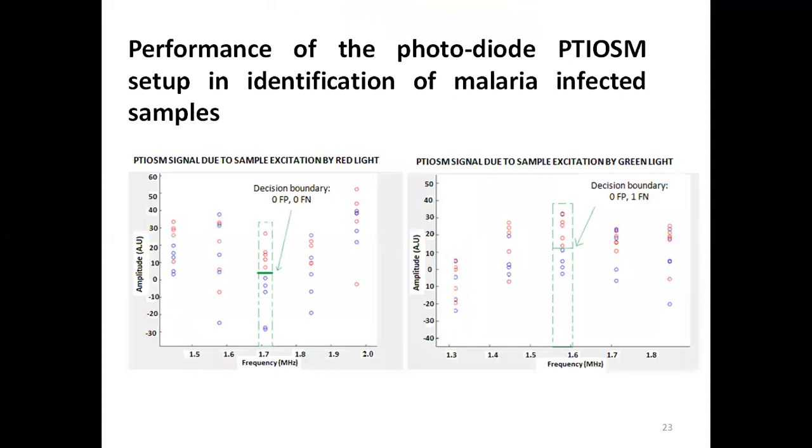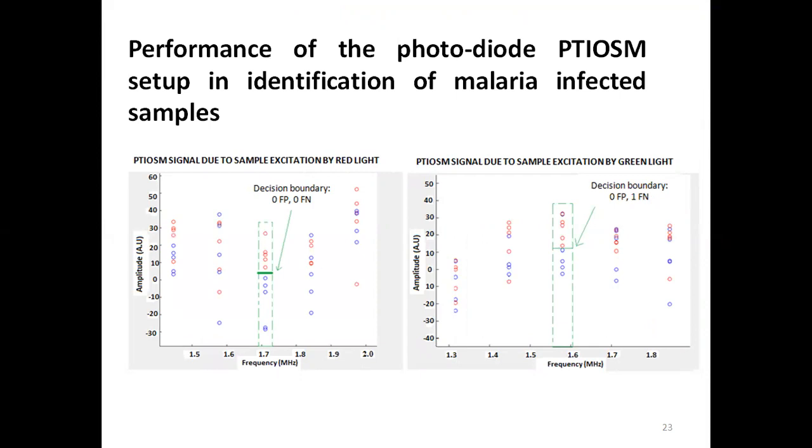The next thing we did was to take the samples that were malaria infected and non-malaria infected, acquire their photothermal induced optical scattering signals, and compare the magnitude spectra of those two sets of samples.